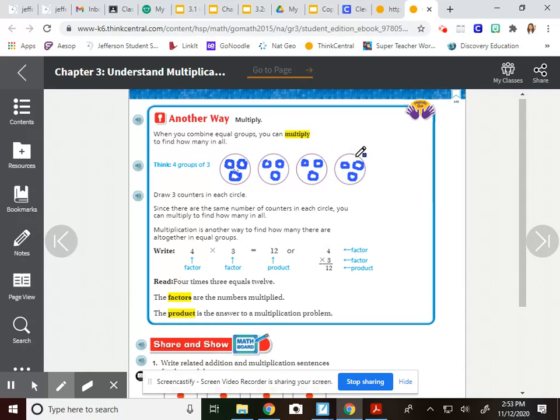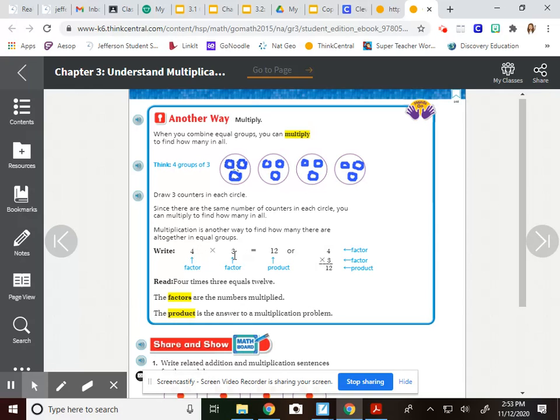Since there are the same number of counters in each circle, you can multiply to find how many in all, because remember, you need equal groups to multiply. You read this as 4 times 3 equals 12. You can write a multiplication sentence horizontally, or you can write it vertically.